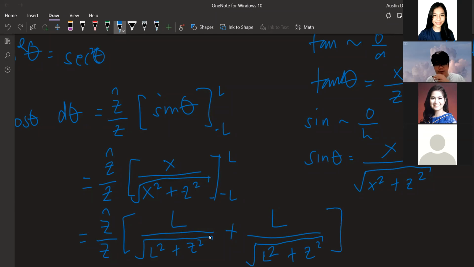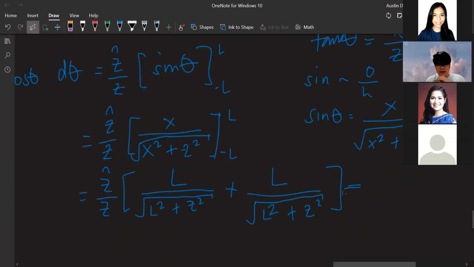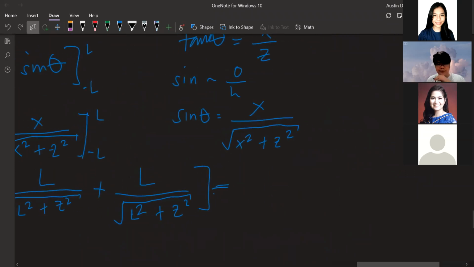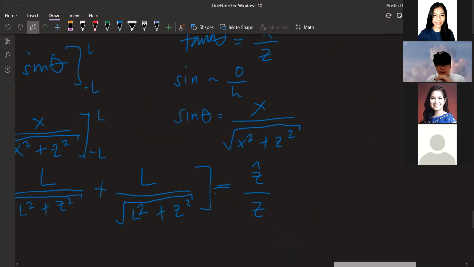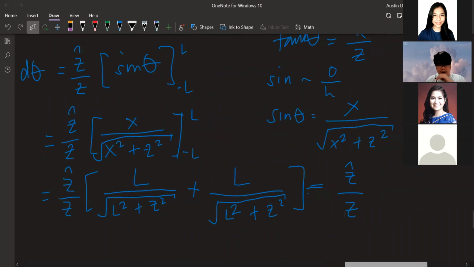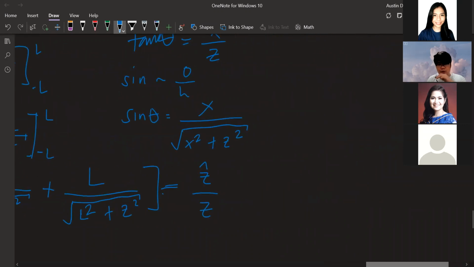And we are left with, finally, Z hat over Z, then 2L over the quantity square root of L squared plus Z squared.